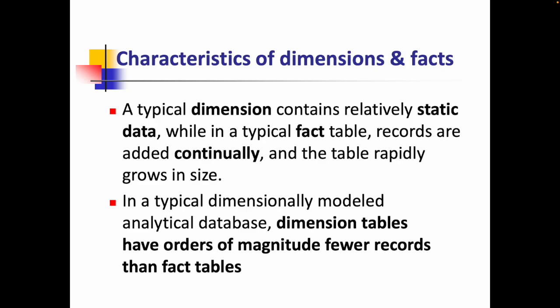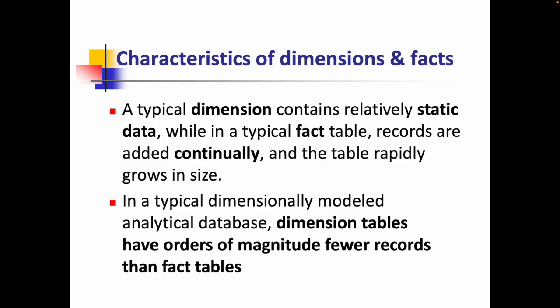Here are some characteristics of dimensions and fact tables. A typical dimension contains relatively static data, while in a typical fact table, records are added continually and the table rapidly grows in size. That makes sense because, if your fact table is sales, the same customers may make more and more purchases over time.